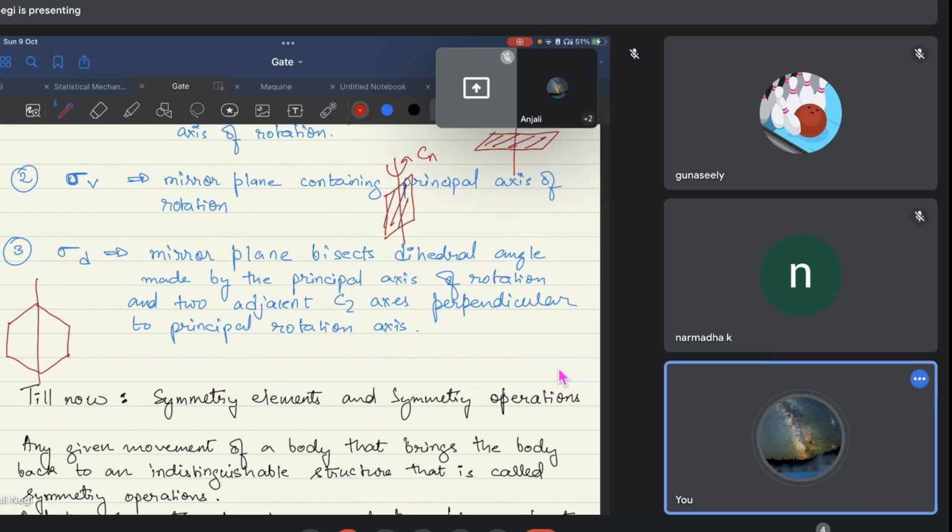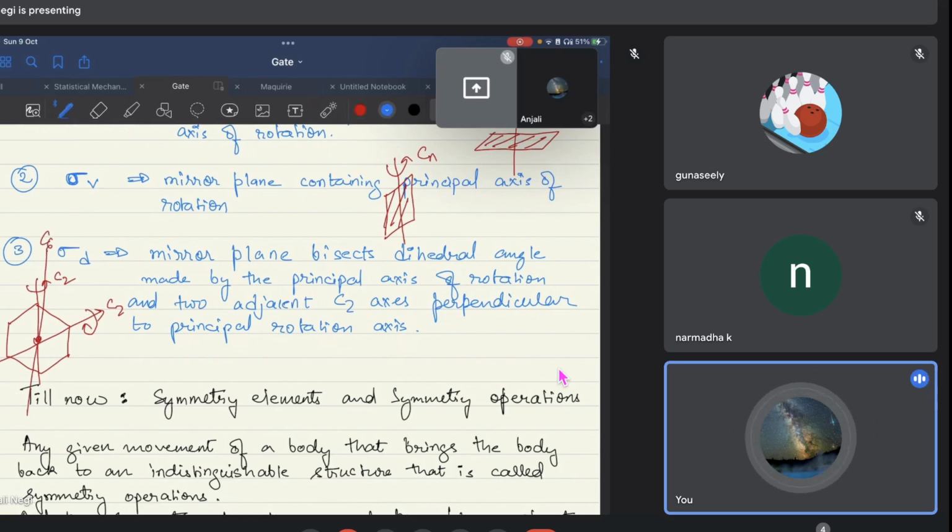This is your C2. I can flip the whole benzene ring by 180-degree rotation and get a symmetric structure again, and this is another C2. The principal axis is C6, passing through the center above and below the plane of the benzene ring.